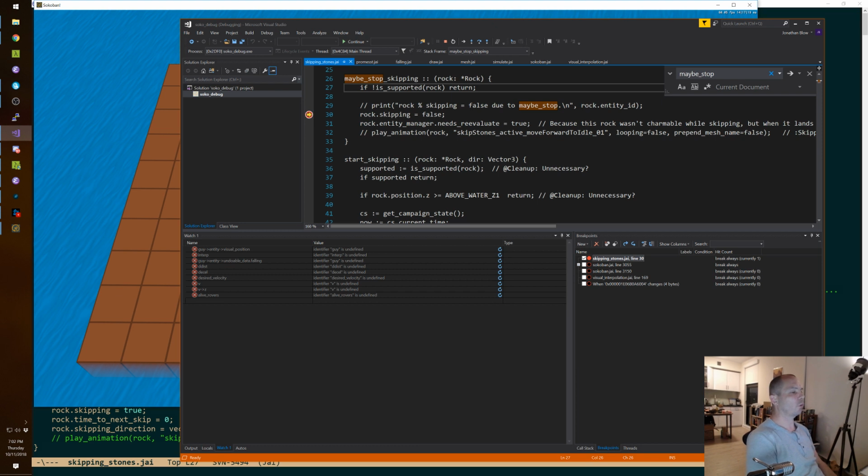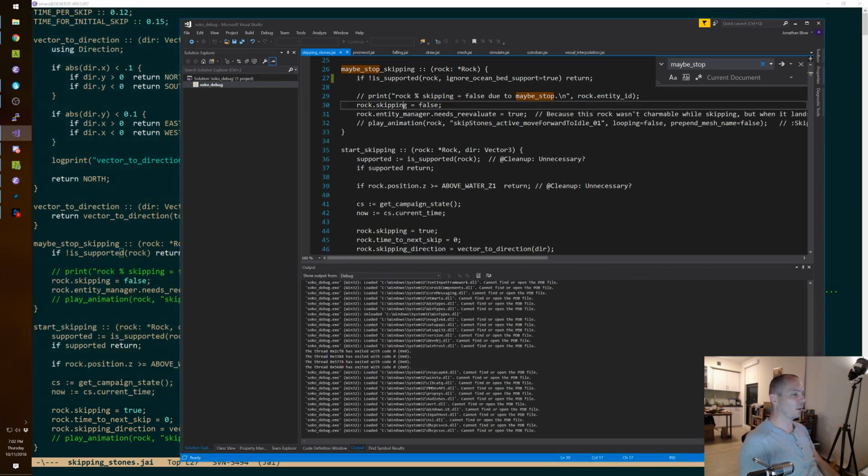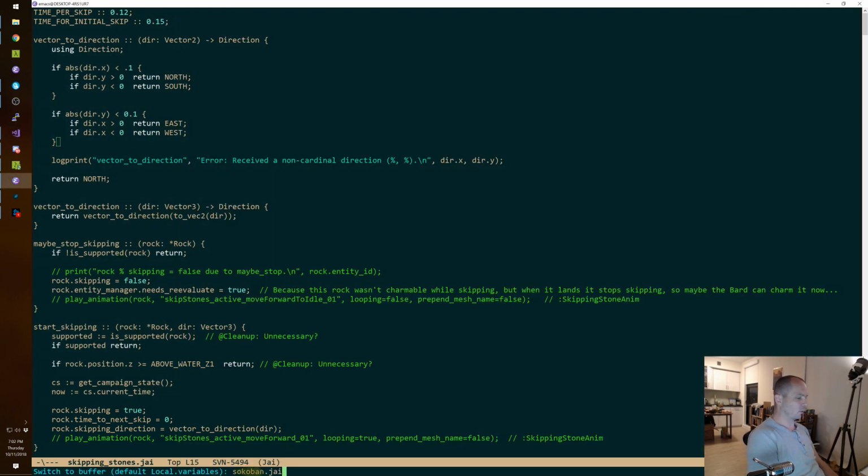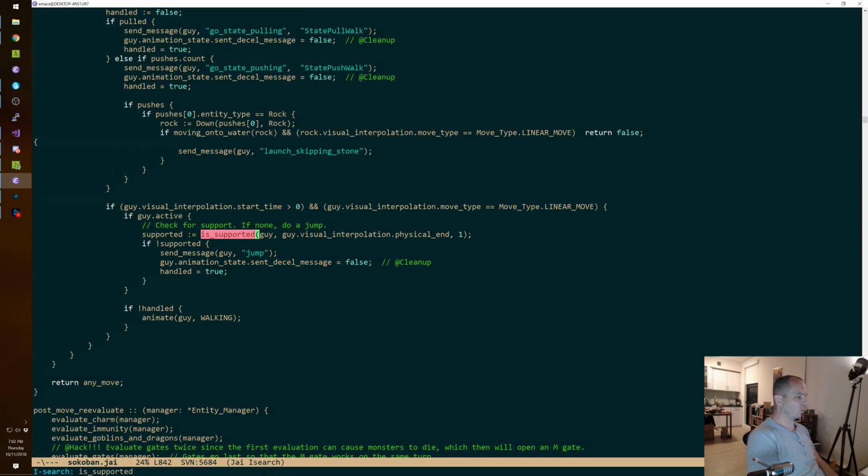We'll put a special variable in there called ignore ocean support. Ocean bed support. I don't know what to call it. Okay, that's just what we're going to be. And we're going to go is supported.